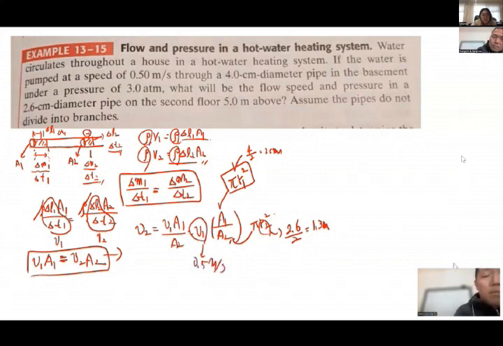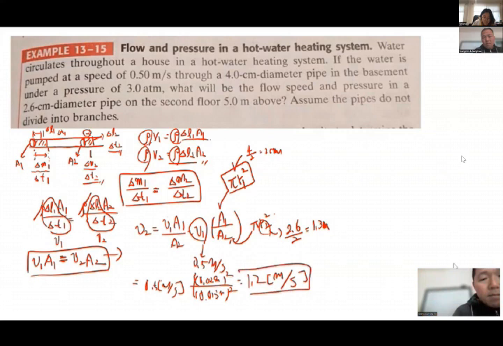If we plug the numbers into this formula, that is 0.5 meter per second times 0.02 meter squared over 0.013 meter squared. So that leads to the answer of velocity, which is 1.2 meter per second.